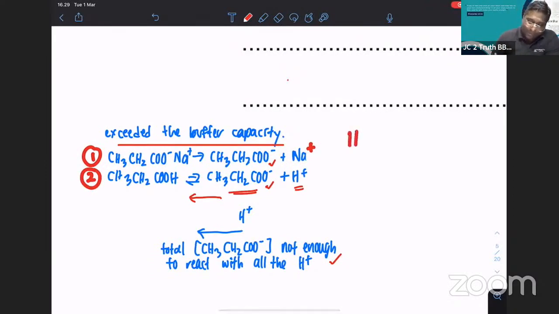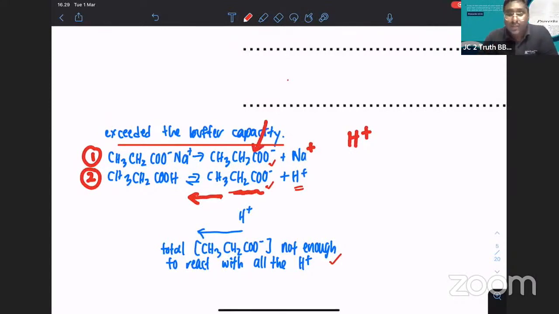If I have H plus, normally the H plus is removed by shifting the position of the second equation to the left. In that sense, you can remove the H plus, and in that process the salt is going to decrease.